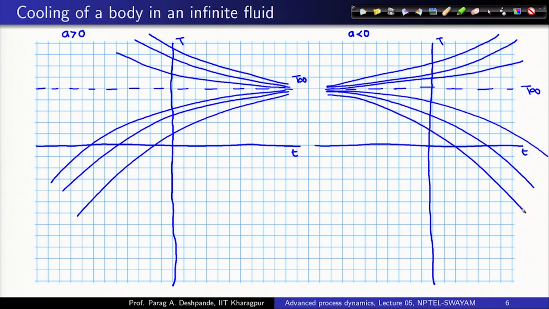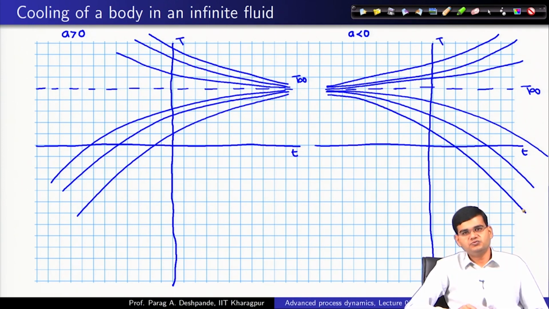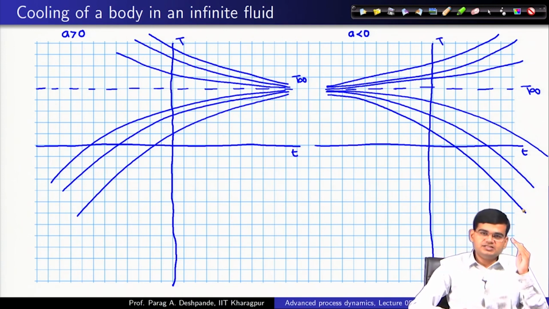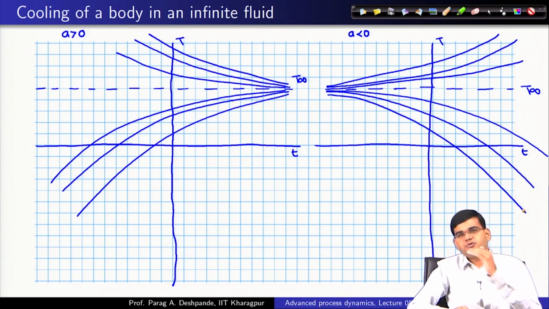Okay. So, let us see the characteristic features of the two phase portraits. When a is less than 0, which is the phase portrait you can see on the right hand side, the system diverges with time. Okay. So, the temperature or any associated parameter for that particular system blows up to infinity as time t tends to infinity.